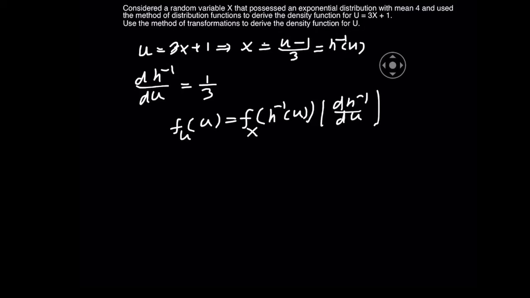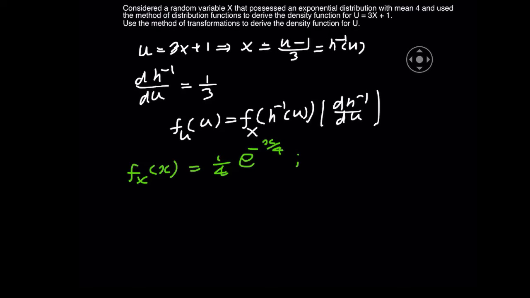Now we need to find f_X of h inverse of u. Again we know f_X(x) is the exponential distribution, so 1 over 4 e to the negative x over 4 when x is greater than or equal to 0. Therefore we can use f_X of h inverse of u. H inverse of u is (u minus 1) over 3, so 1 over 4 e to the minus (u minus 1) over 3, then 3 times 4 is 12.